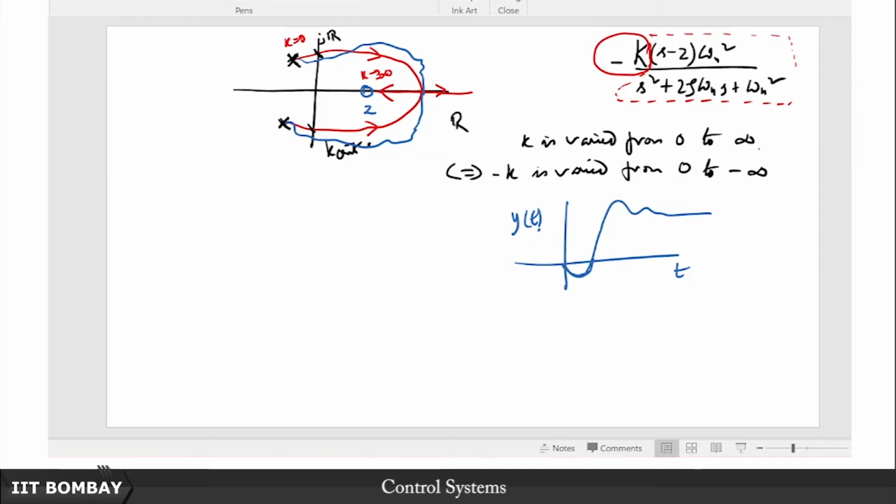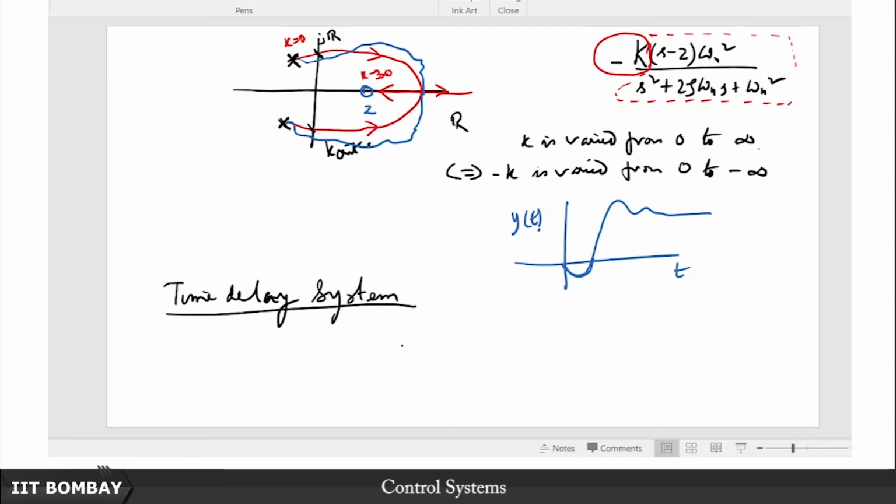Okay. So there is another special kind of system to which you can apply this root locus technique, although it is not really a rational transfer function. We visited this earlier also when we talked about the Smith predictor. So consider a time delay system.